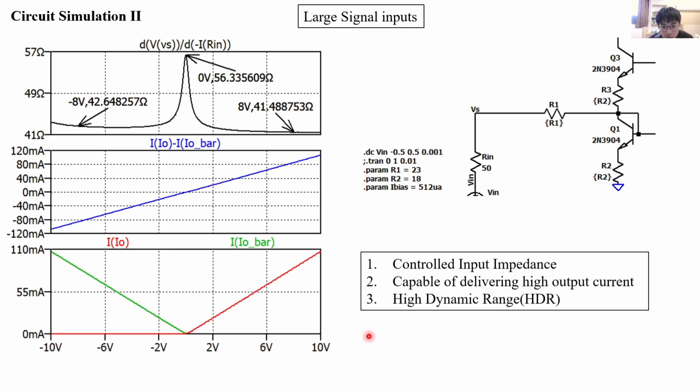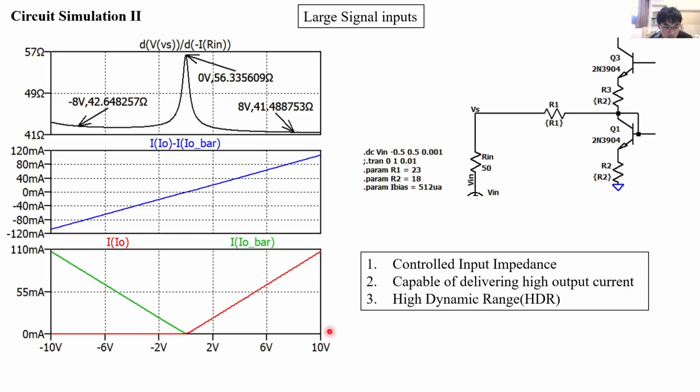So for large signal input, this amplifier's input impedance becomes adjustable, and it can also deliver high output current. Because of the emitter resistance, the circuit has high dynamic range, like the input voltage can be from negative 10 volts to positive 10 volts.